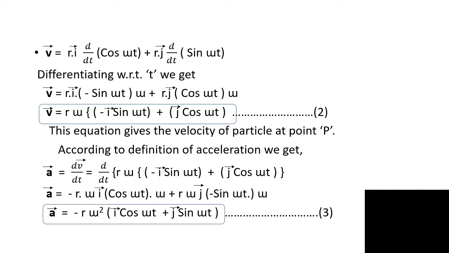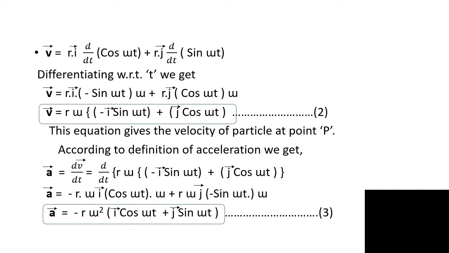So acceleration is given by dv bar upon dt, which is equal to d by dt of v bar. The right hand side of v bar is r omega into minus i bar sin omega t plus j bar cos omega t. So a bar is given by minus r omega i bar cos omega t into omega plus r omega j bar minus sin omega t into omega. This equation can be expressed as a bar equal to minus r omega square into i cos omega t plus j sin omega t.